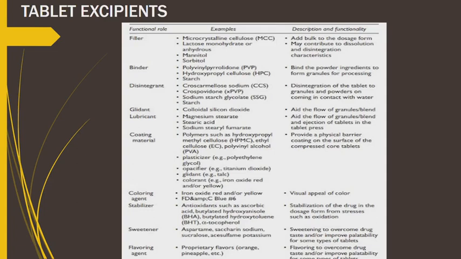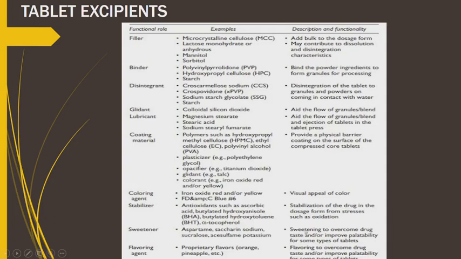Commonly used stabilizers consist of antioxidants such as ascorbic acid, butylated hydroxyanisole BHA, butylated hydroxytoluene BHT, alpha tocopherol. The function of stabilizer is stabilization of the drug in the dosage form from stresses such as oxidation. Next is sweetener. Sweeteners we use are aspartame, saccharin sodium, sucralose, acesulfame potassium.